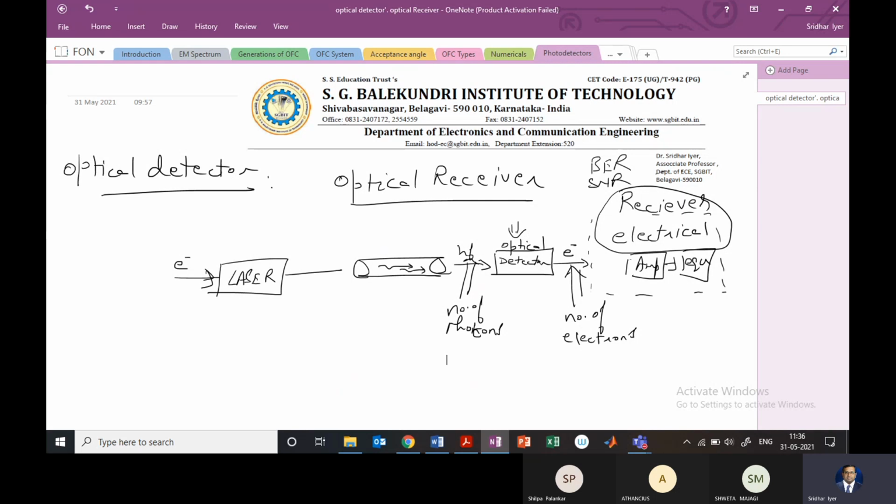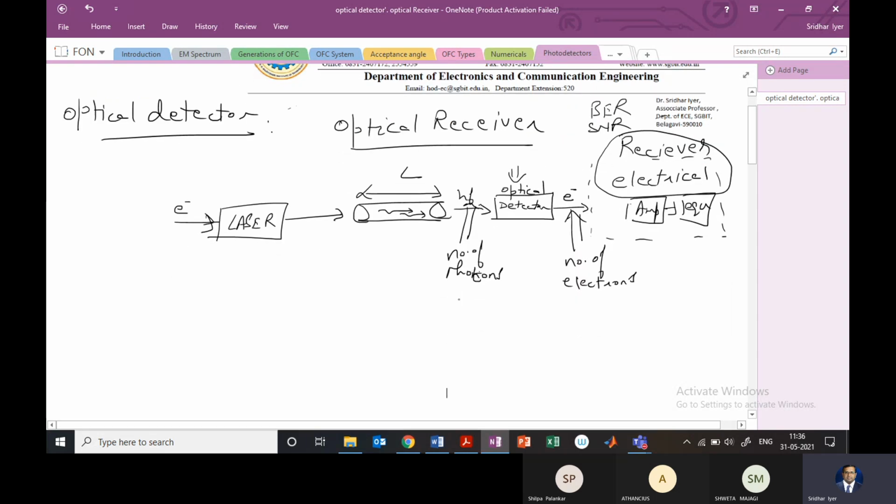and it needs to convert it into the corresponding electric current. Now we must note that this optical signal is going to be weakened. Why? Because it is going to travel some distance L. The optical signal, the number of photons, is going to be weakened when it comes at the output of the fiber. So the requirement from the photodetector is very high.